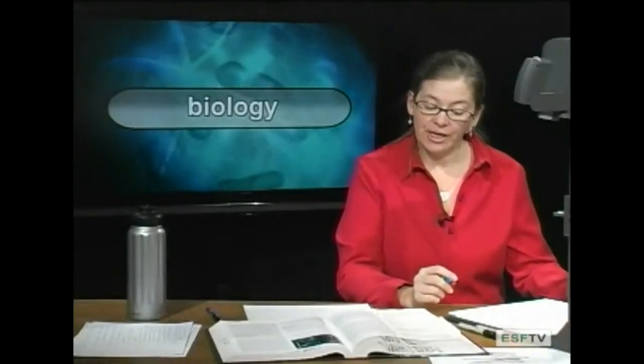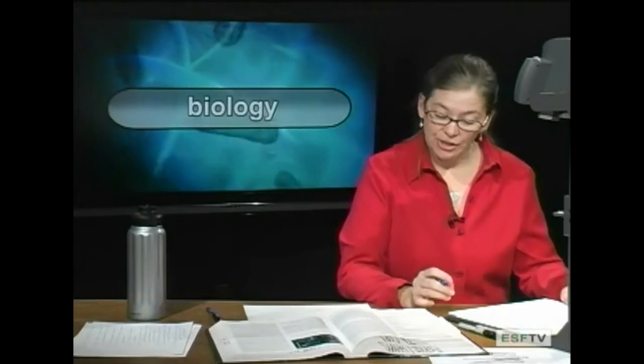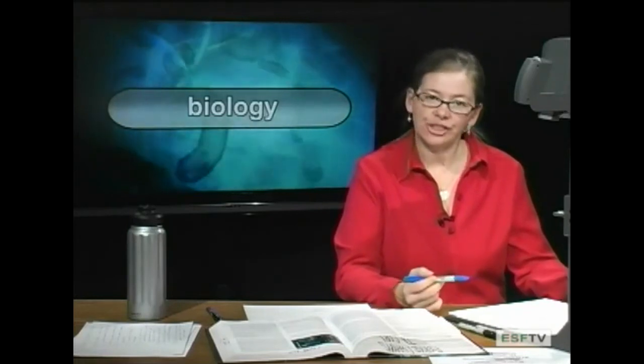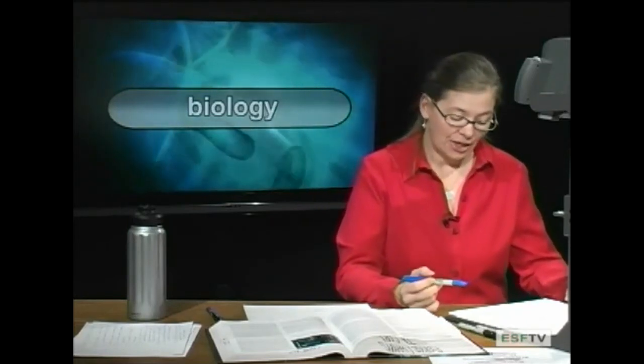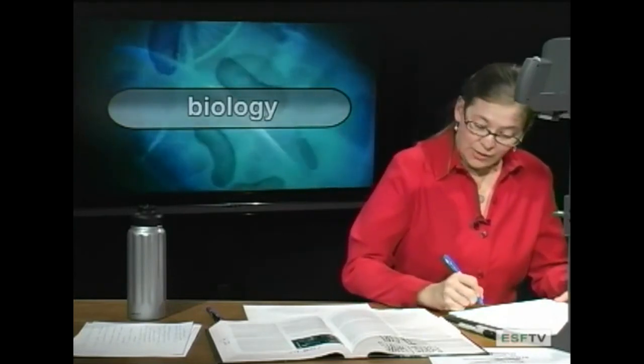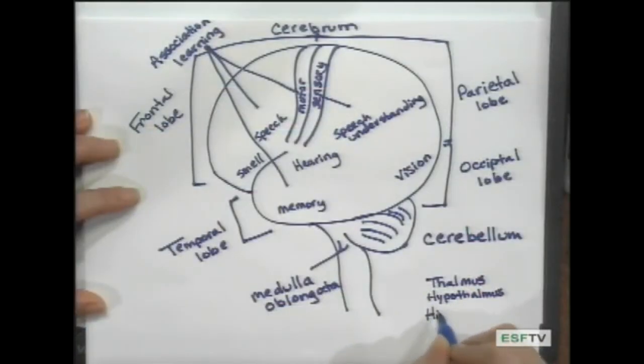So it's important in regulating body temperature, hunger, satiety, as well as thirst. It is also important in controlling the pituitary glands, so secretion of hormones, and we'll talk more about those in a later segment.